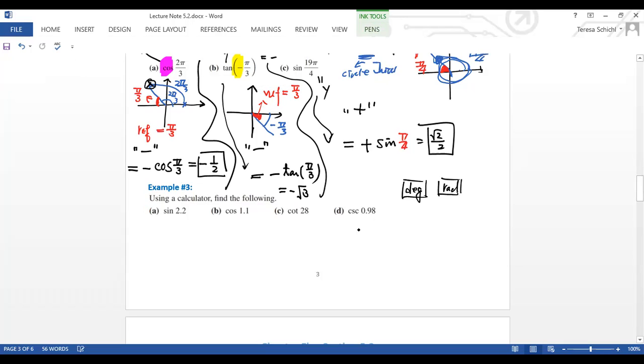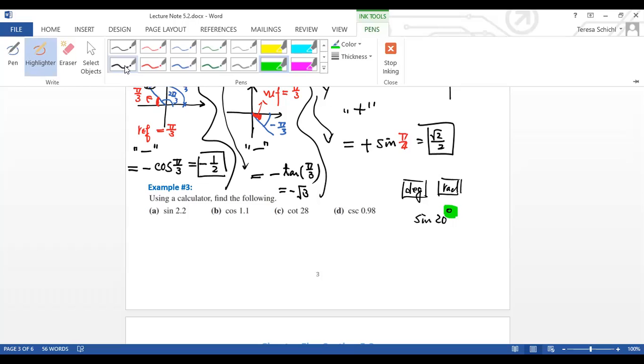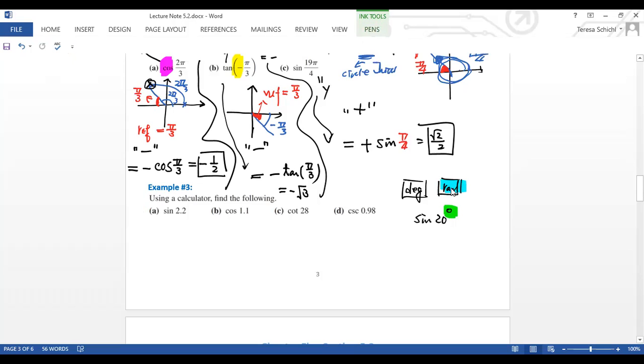Whenever you choose degrees, the way they write it is sine of 20 degrees, with a little degree sign. If you don't see the degree sign, what does that mean? That means you have to use the radian setting.